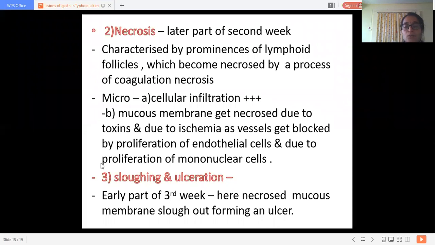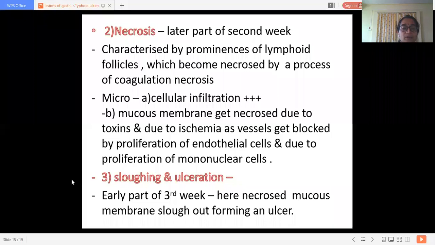So there is slough formation. Why does the slough get formed? The slough is nothing but the pus, which is formed due to the inflammatory discharges, the debris, and enzymes.